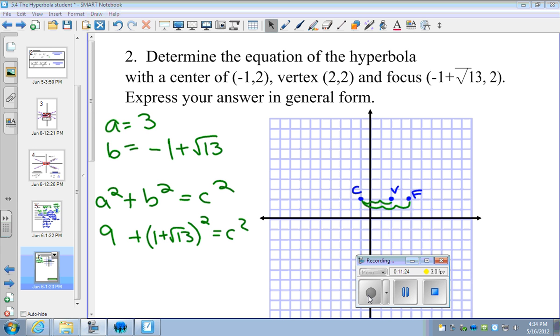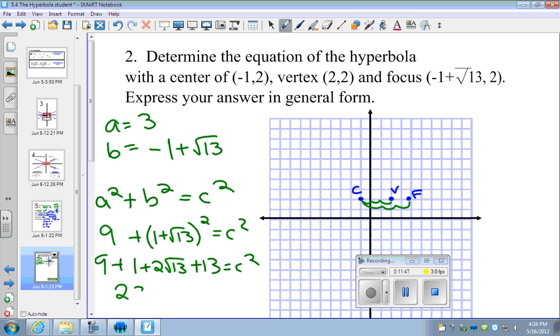Okay, so I get 9 plus 1 plus 2 root 13 plus 13 is equal to c squared. I get 10 plus 13 is going to be 23 plus 2 root 13 is equal to c squared.